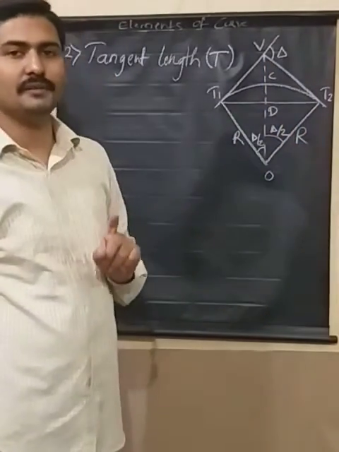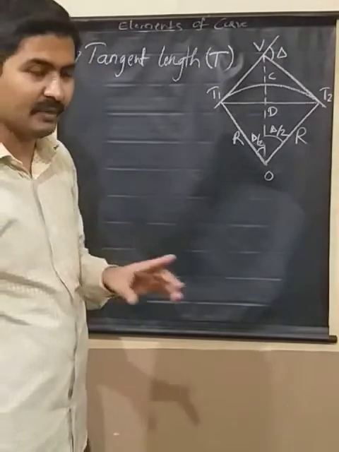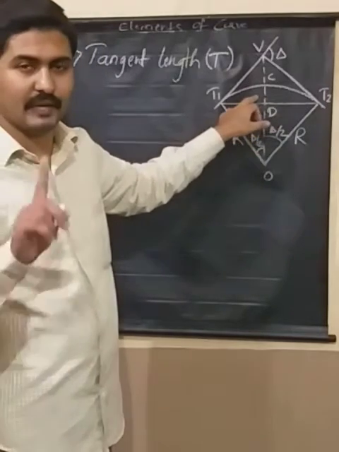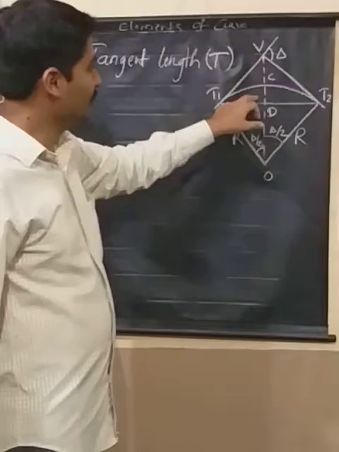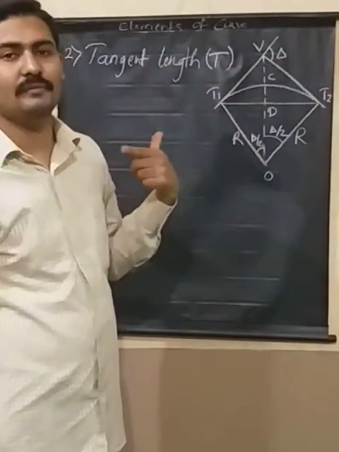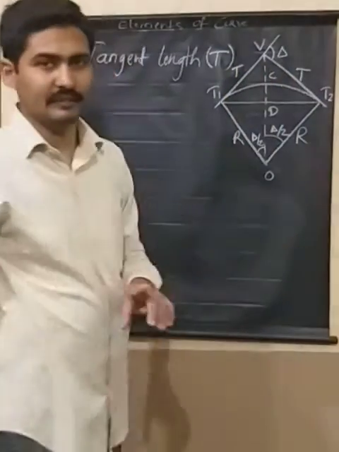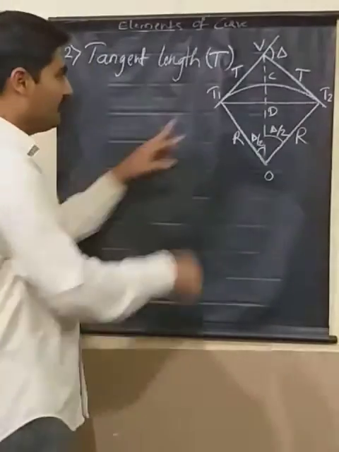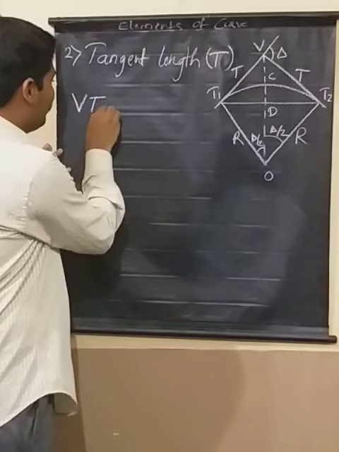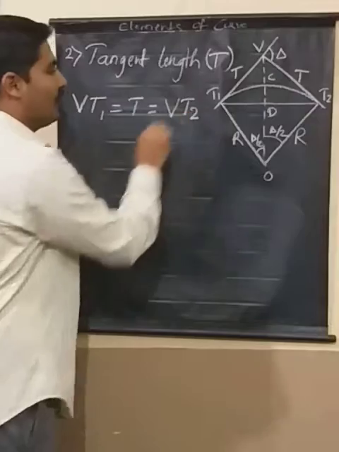In a simple circular curve, both the tangents will have the same length. Remember, a simple curve means a curve which will have only one radius, right? So that is why if this is T, this will also be T. Please remember this. Now I am going to find the expression for tangent length VT1, which is equal to T, which is equal to VT2.